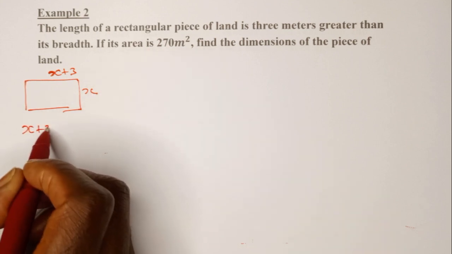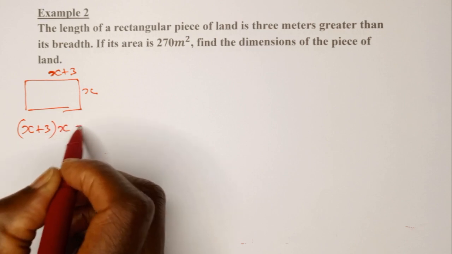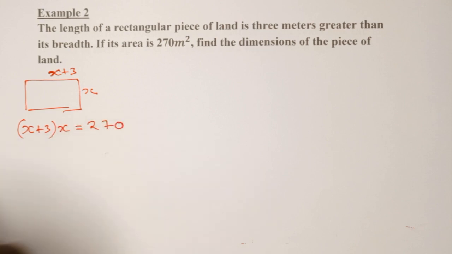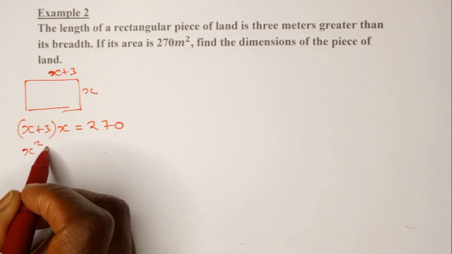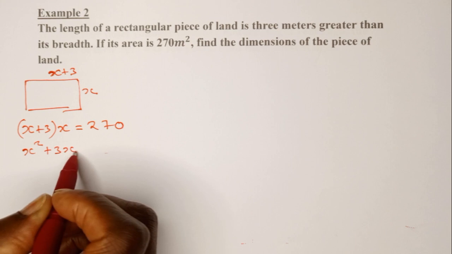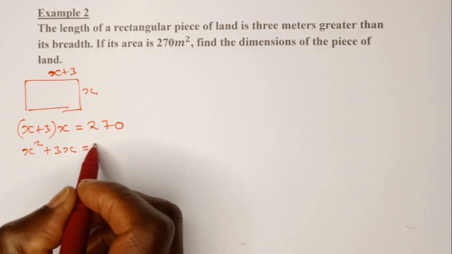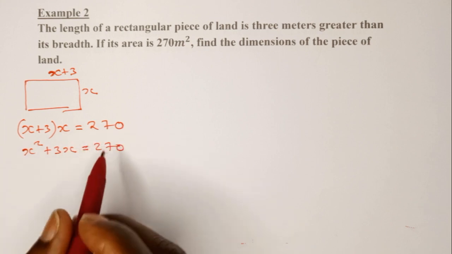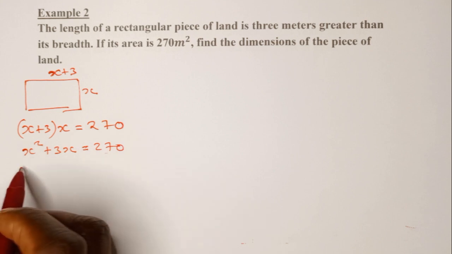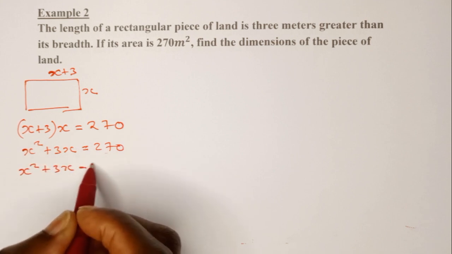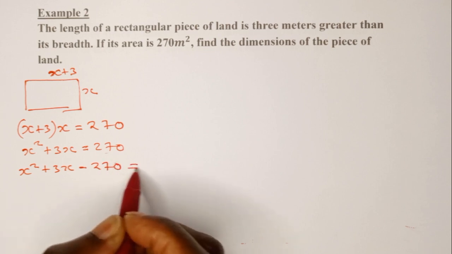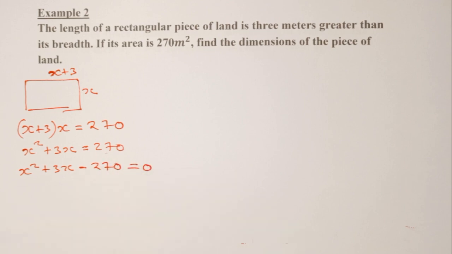So we'll have x plus 3 multiplied by x is supposed to give me 270. So if I open the bracket, this one will be x squared plus 3x equals 270. So you can bring this 270 to the other side, so that you have x squared plus 3x minus 270 equals 0, like that.